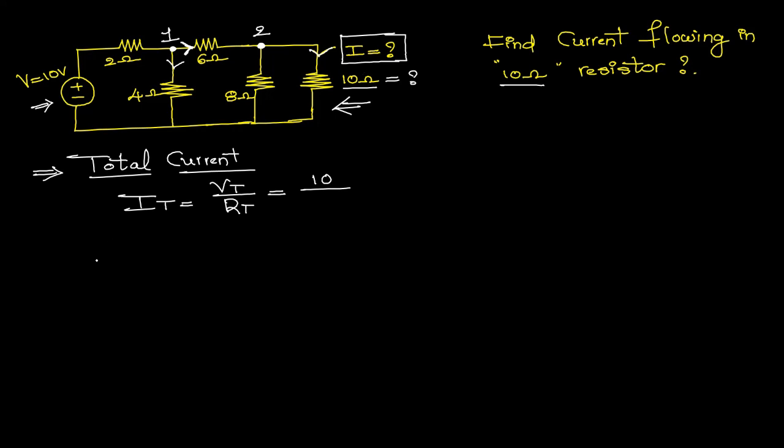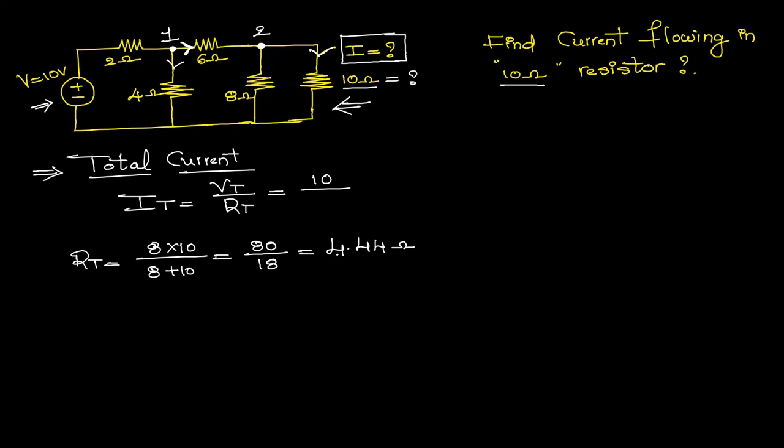The resultant resistance of 8 and 10 ohms is 8 into 10 divided by 8 plus 10. 8 into 10 is 80, divided by 18, so we get a resistance of 4.44 ohms. This 4.44 ohms is the combination of the 8 and 10 ohms.